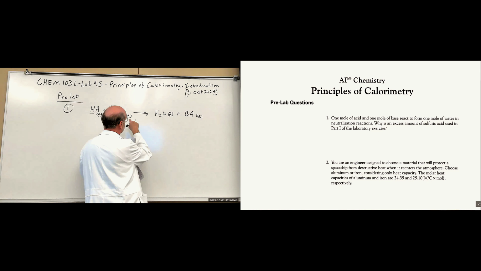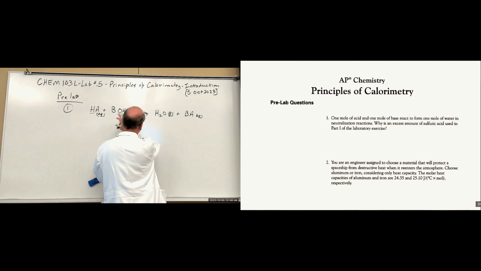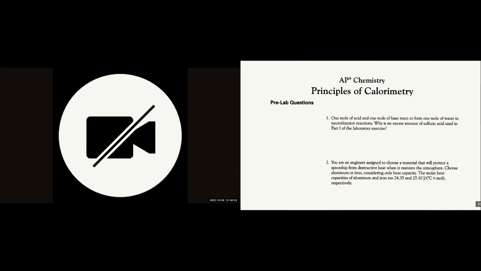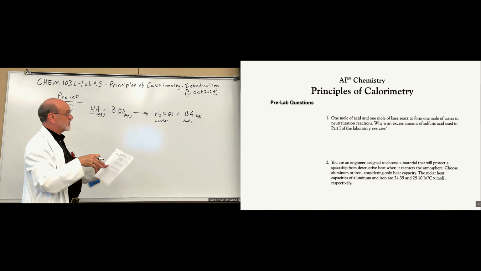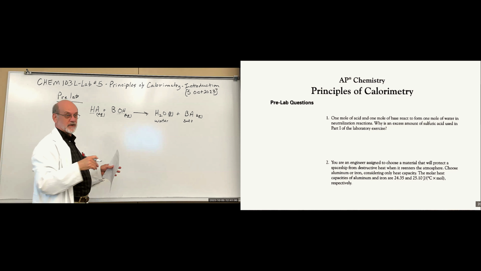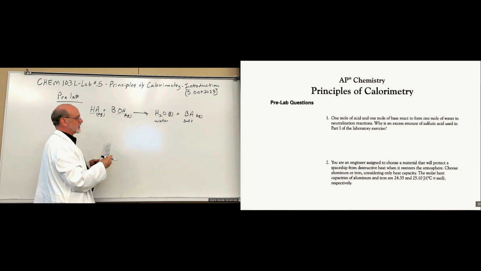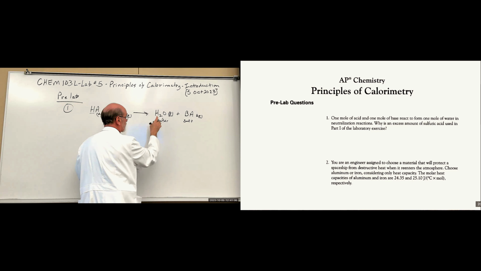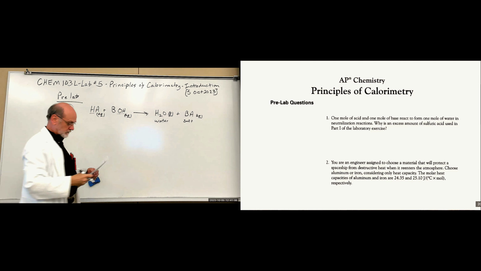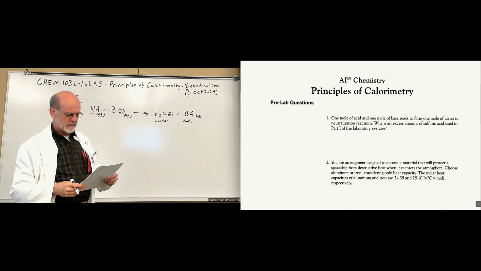But what you have here in an acid-base reaction, you always get water. And this is the chemical definition of a salt. Now, it doesn't tell you that here, and it's not important for solving the problem, but I thought I'd throw that in for free. So 1 mole of this, 1 mole of that makes 1 mole of this. That's balanced. Okay, what's the question?